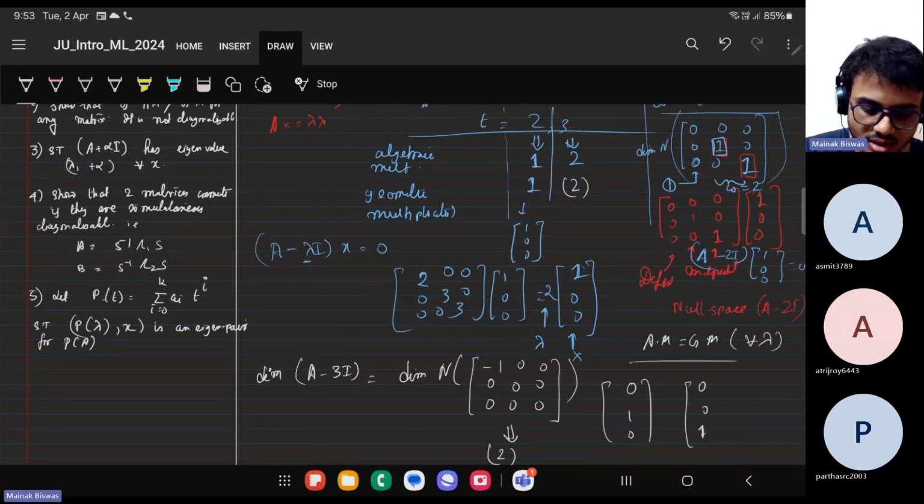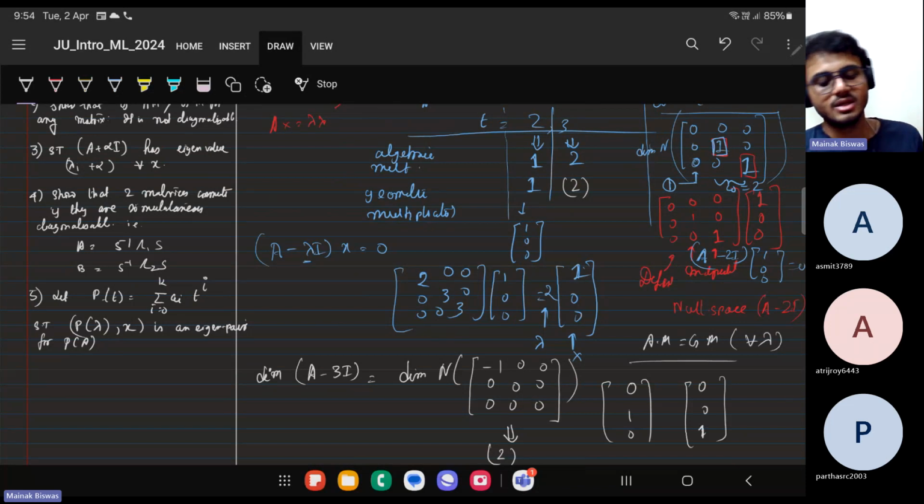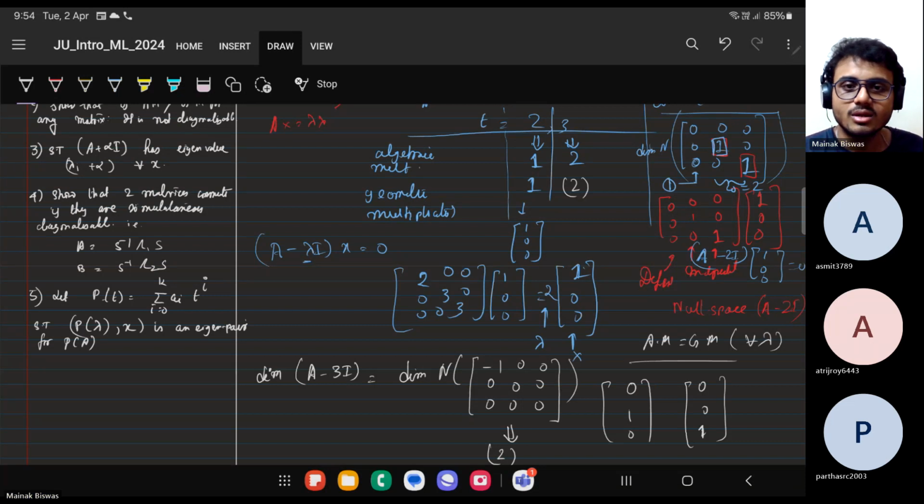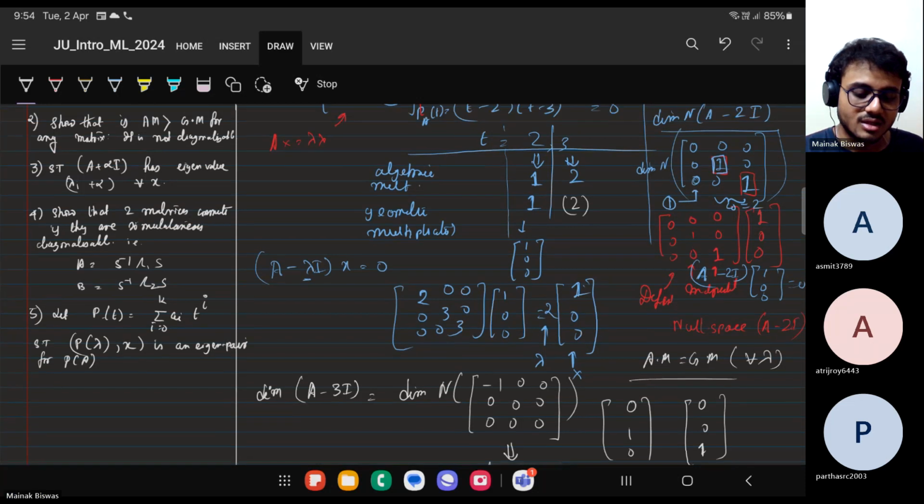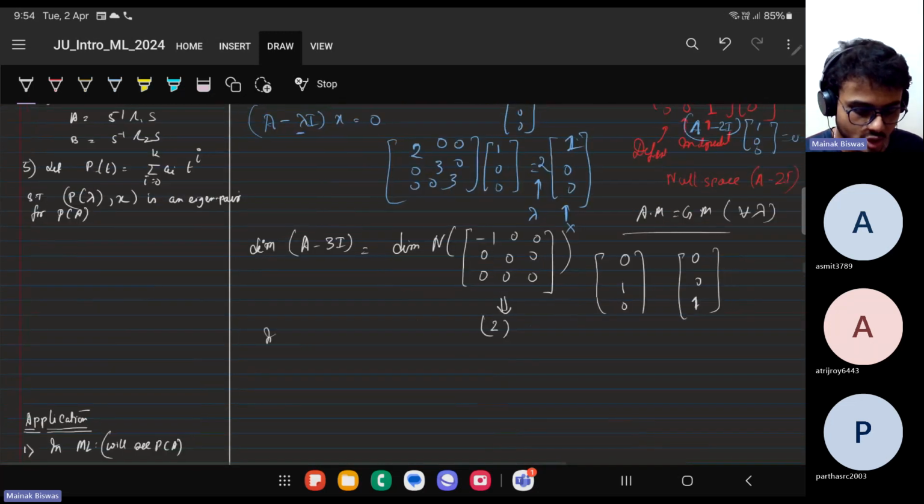So these two are the eigenvectors corresponding to 3. This gives you an idea of geometric and algebraic multiplicity. It gives you a broader idea: when you have k lambdas, you can have at most k. This is an intuition, we'll show it formally also. Algebraic multiplicity has to be greater than or equal to geometric multiplicity.